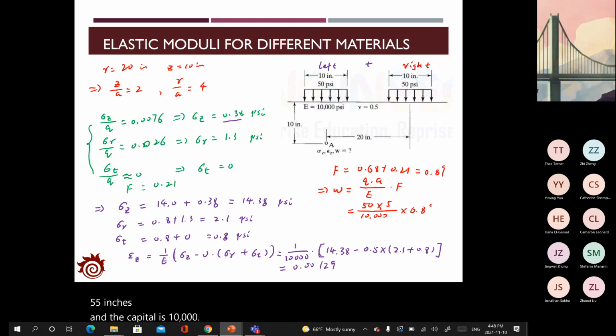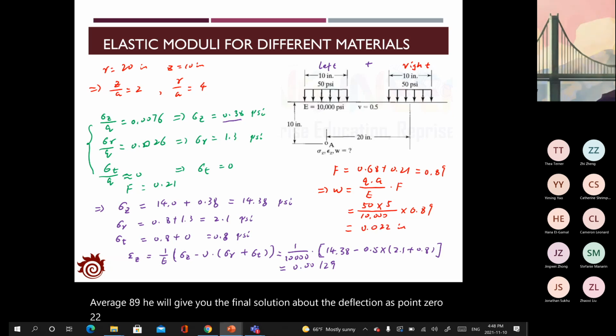F is 0.89. It will give you the final solution about the deflection as 0.022 inches. So we're going to observe about 0.022 inches deflection at point A.